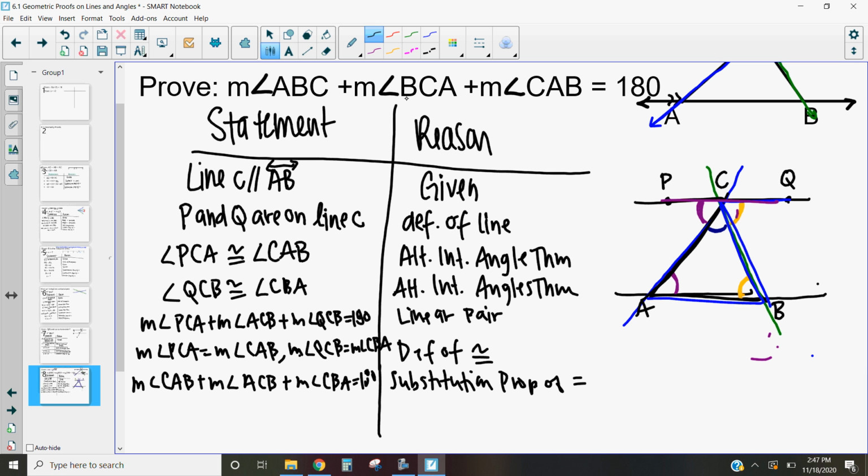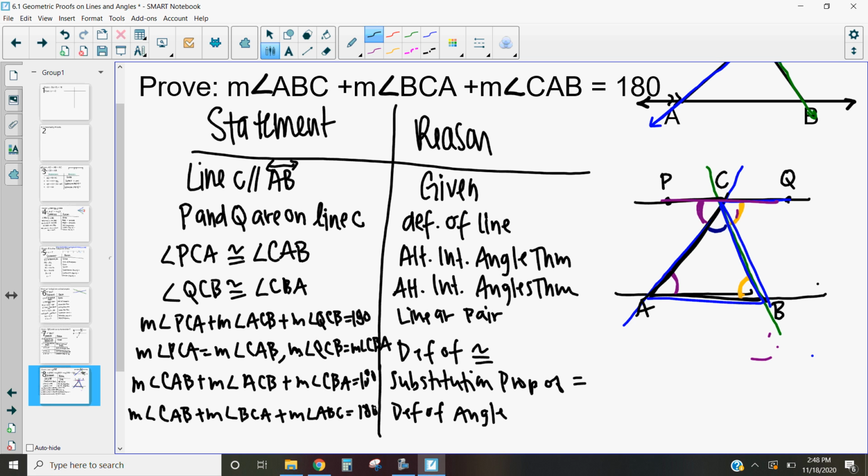Angle ACB is the same thing as angle BCA. They're just reversed in the point order that we list them. So by the definition of an angle, we know that the measure of angle CAB plus the measure of angle BCA plus the measure of angle ABC equals 180.